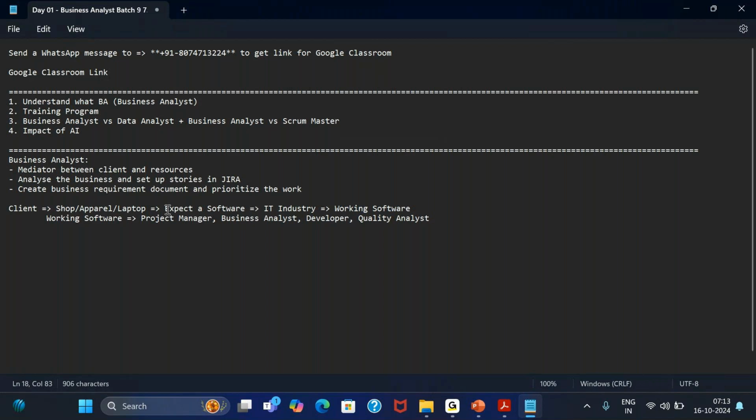a software. Okay, so a business analyst, like rightly mentioned by other students, mediates between the client, because the client is coming up with some expectations and only the client is aware of that expectation. Okay, but others in the IT industry don't know what exactly the client is looking for.